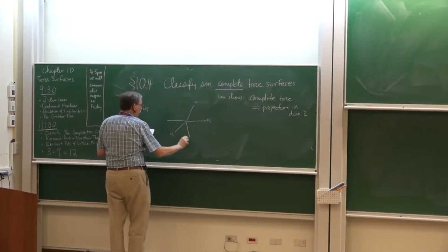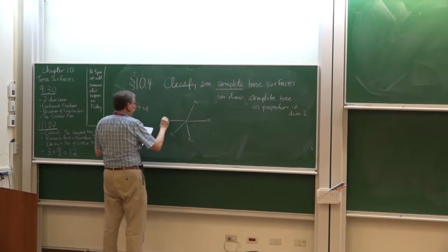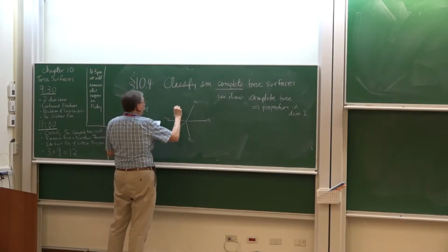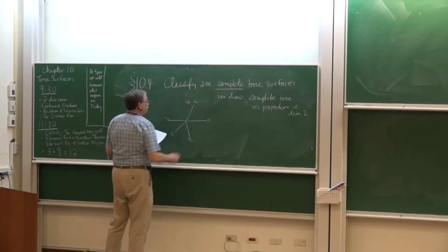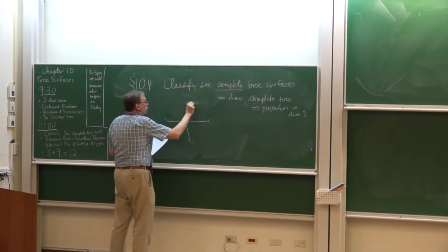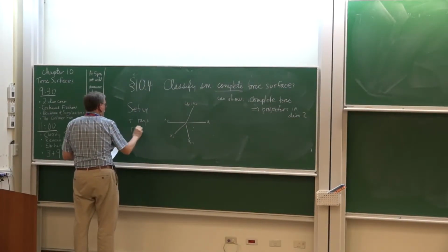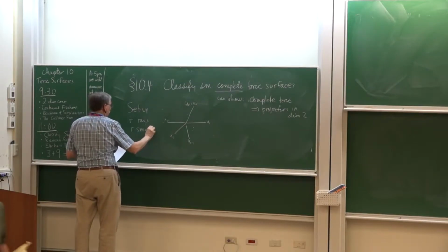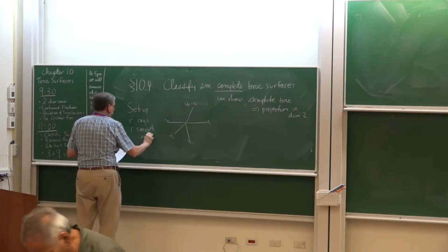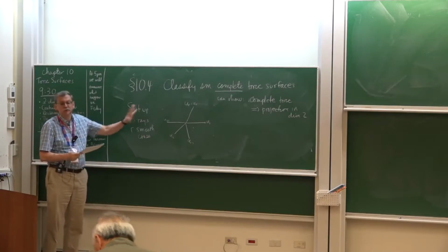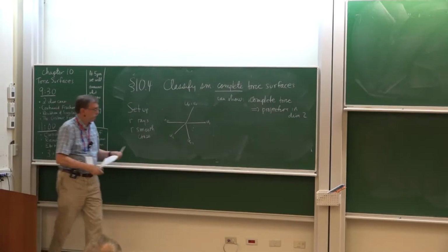We'll have U_i, U_{i-1}, U_{i+1}. And then the final one. So the idea is we really have r rays, and we have r smooth cones. So that's our smooth, complete toric variety.